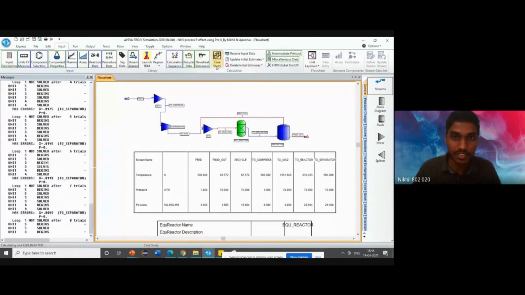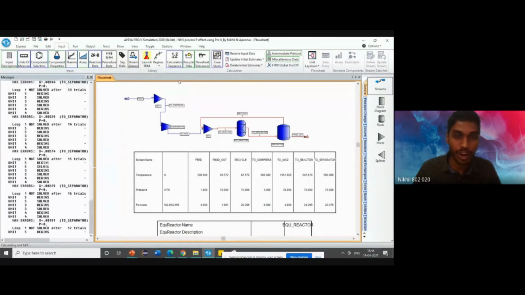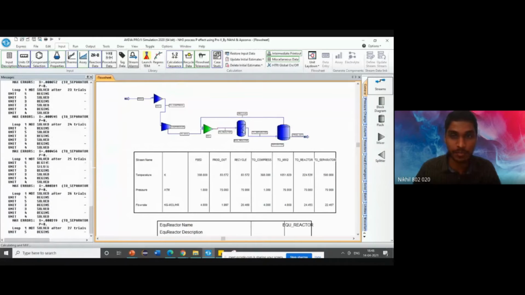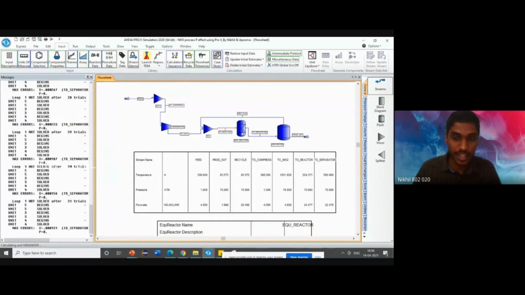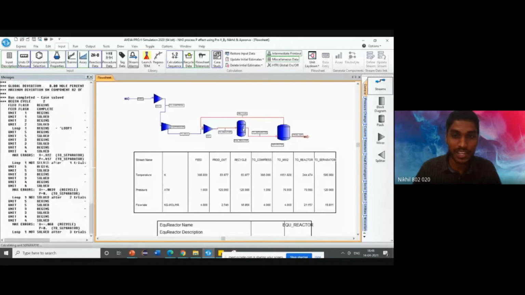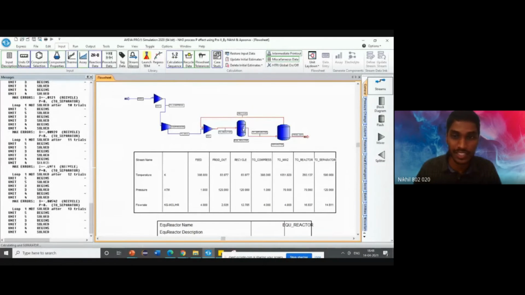Meanwhile, I'll explain what we did using the case study and other features. As I mentioned, we used the case study feature and also the plots feature. In the reactor, we have initially given 70 atmosphere as the pressure, right? So let's see how the conversion changes with increasing pressure.